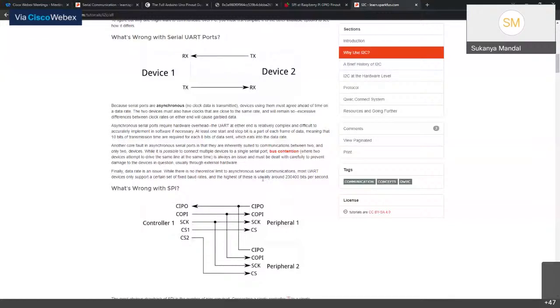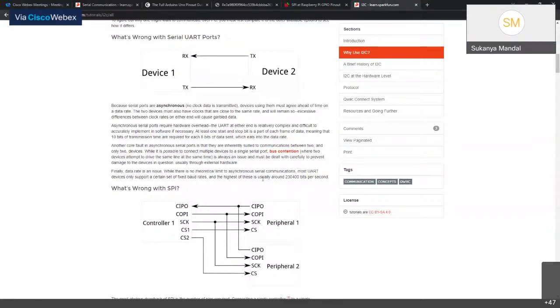So basically, what they're trying to say here is UARTs are suited for communications between only 2 devices. You cannot essentially form a mesh of devices for receiver and transmitter for just normal UART communications. Why?